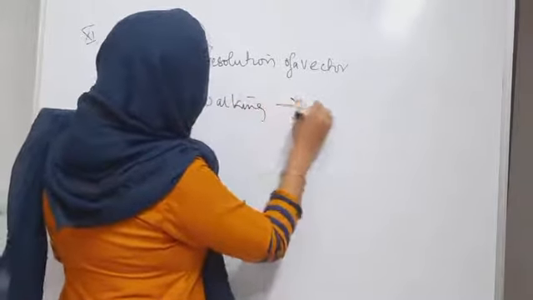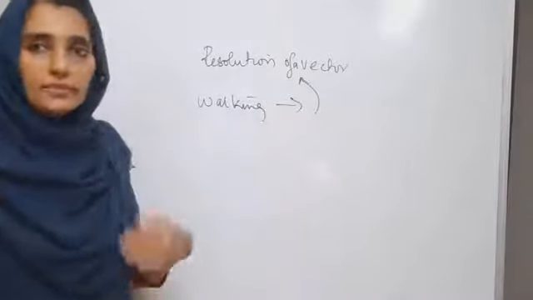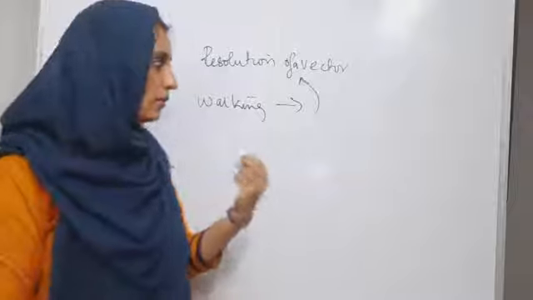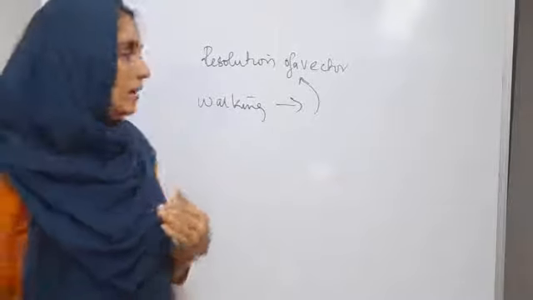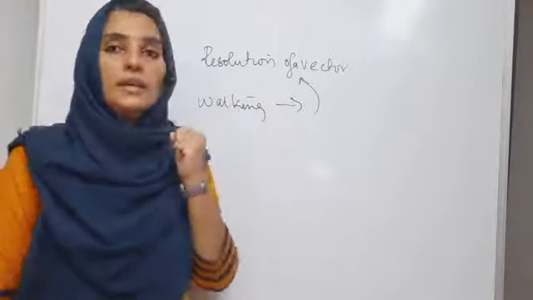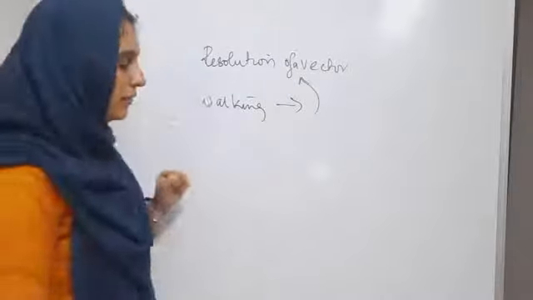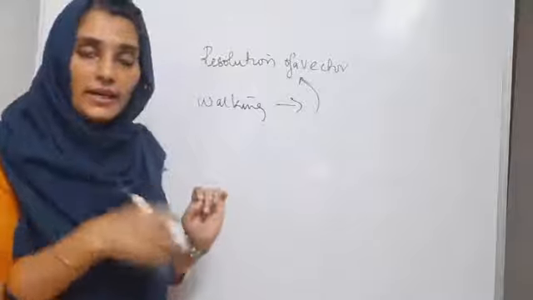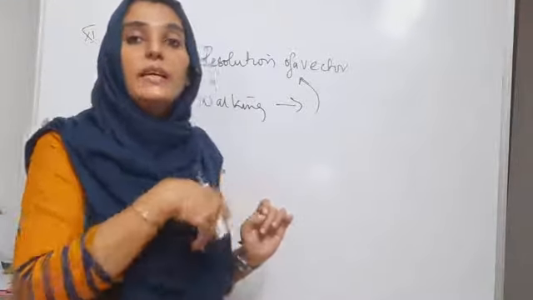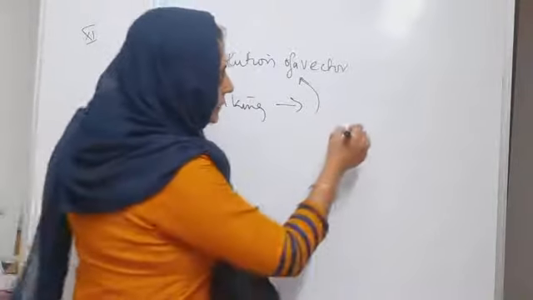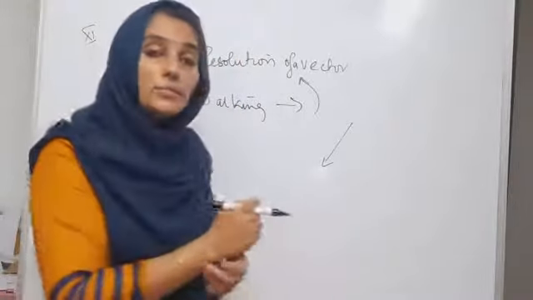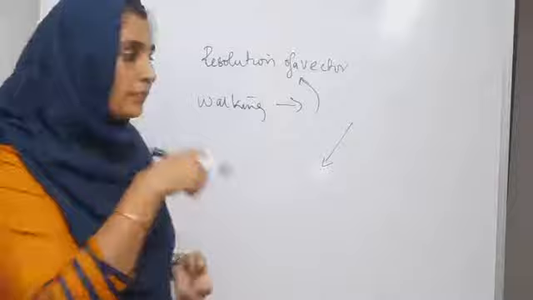Walking happens as a result of resolution of a vector. That is, we actually walk, move forward or backward, as an application of resolution of vectors. When a person walks, with one leg he is pushing the ground backward. Now, as per Newton's third law, the ground exerts a reaction force.